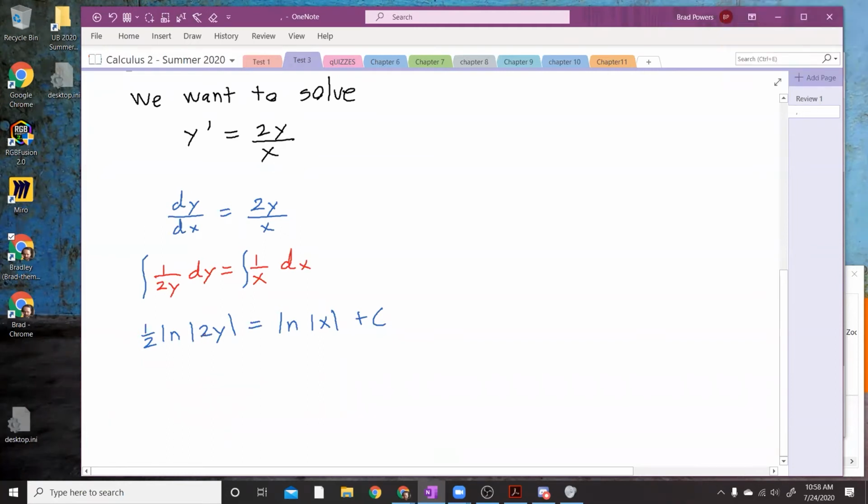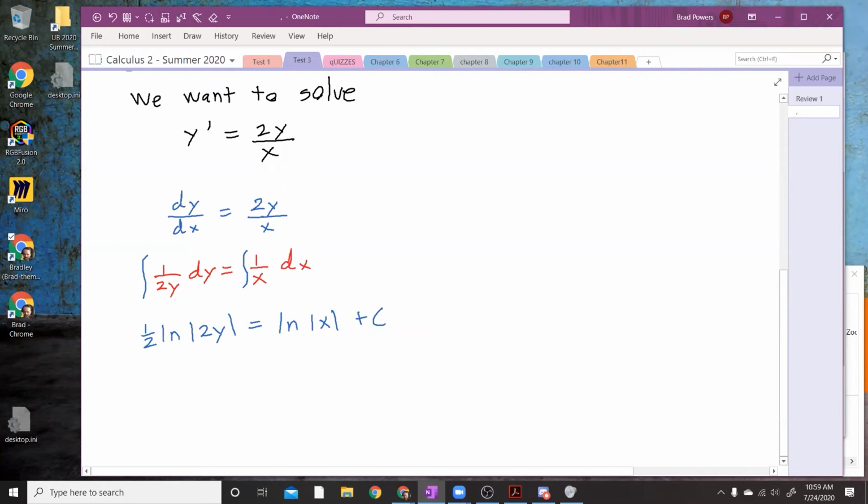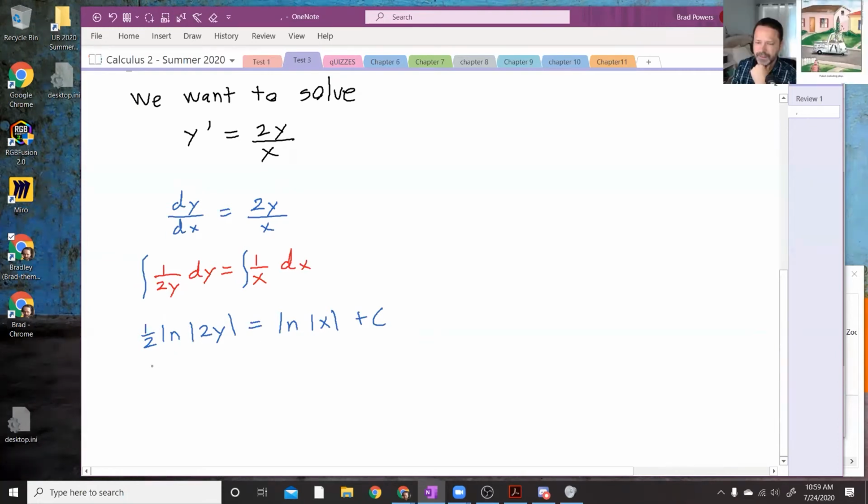You could have just left the 2 on the right side, right? You could have just left the 2 on the right side and just carry out the y, because it's just a constant, it's going to come out if you do it on the right side. Yeah, I could have done a couple things. Anyway, let's just go with this. So anyway, this is fine.